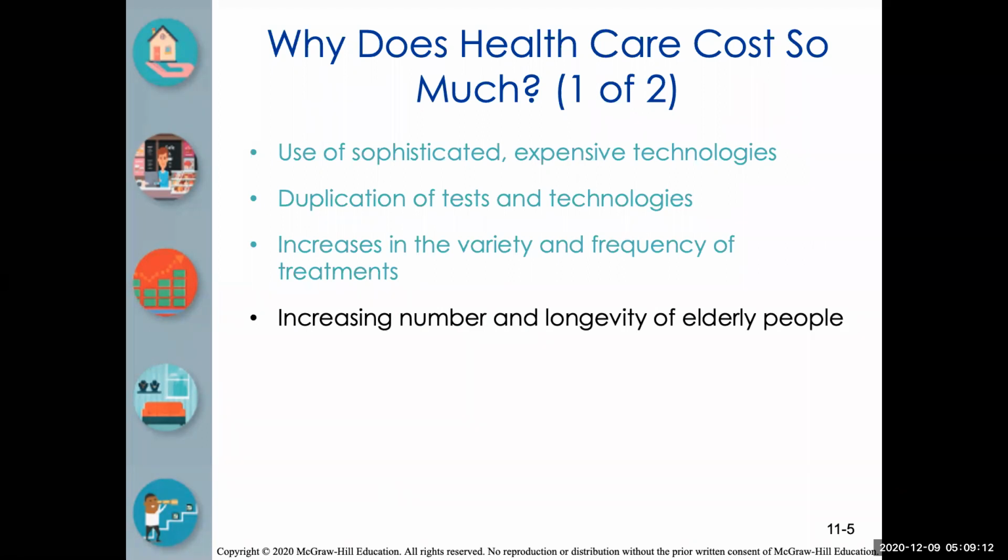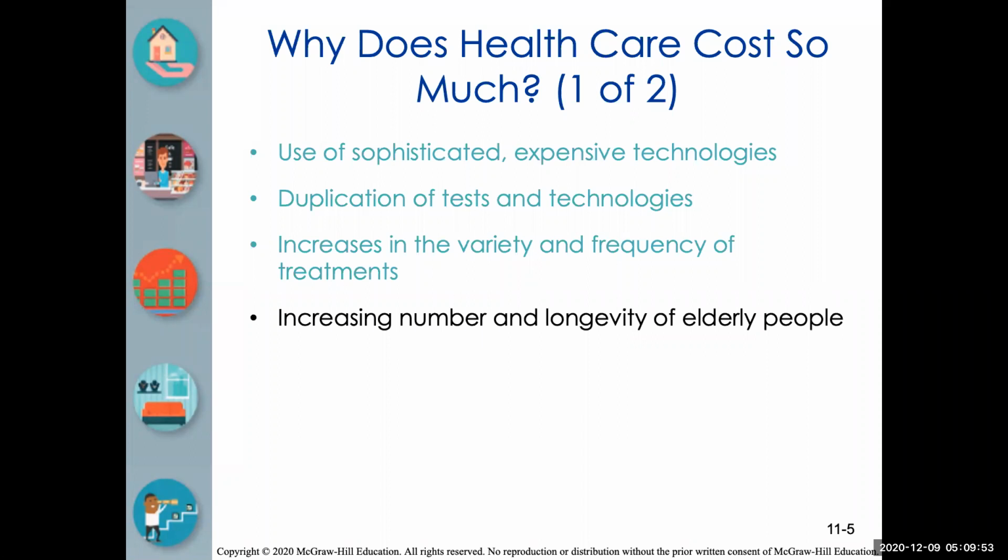As we have our parents and grandparents living into the later years, which is great, we want them around as long as possible, it does place a burden on the overall system, which we, as the younger generations, wind up having to pay for through higher taxes, higher healthcare costs for ourselves, higher insurance premiums. So the increasingly long period of time that we are living also contributes to the cost of the healthcare system.